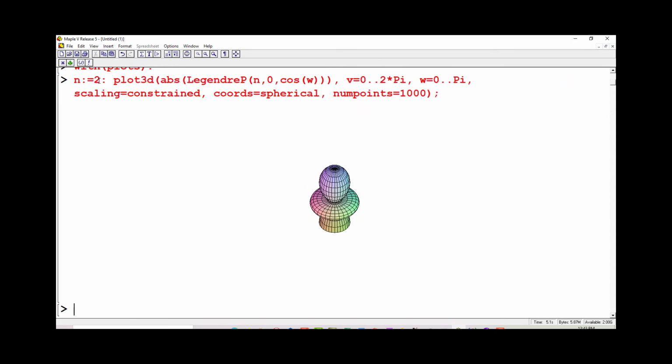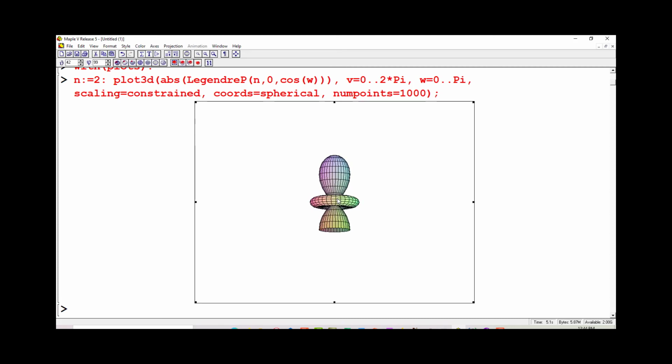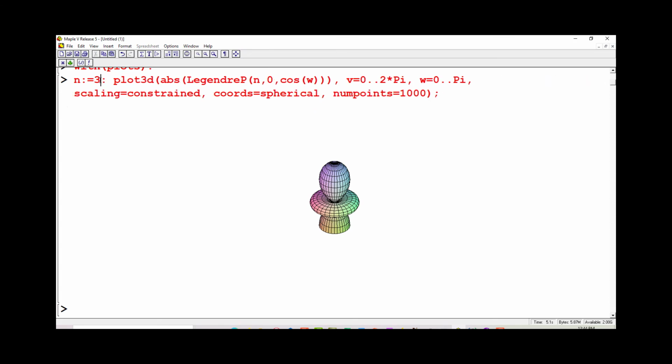When n is equal to 2, you get this torus-shaped ring around the middle between these lobes which go up and down. Unfortunately, my program is not plotting the entire base of this. These are not spheres anymore. They pinch off towards the middle there. And when n equals 3, you get 2 of these bands, like that.